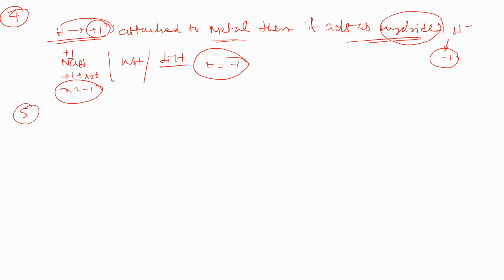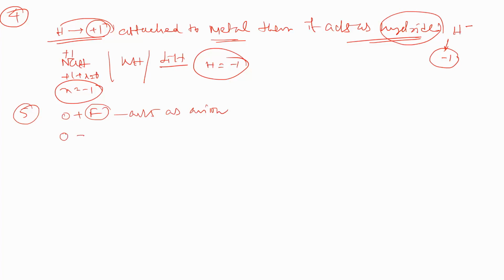So when chlorine, bromine, and iodine combine with oxygen, in that case oxygen acts as an anion. What I have said here is, when oxygen bonds with fluorine, then fluorine acts as an anion.